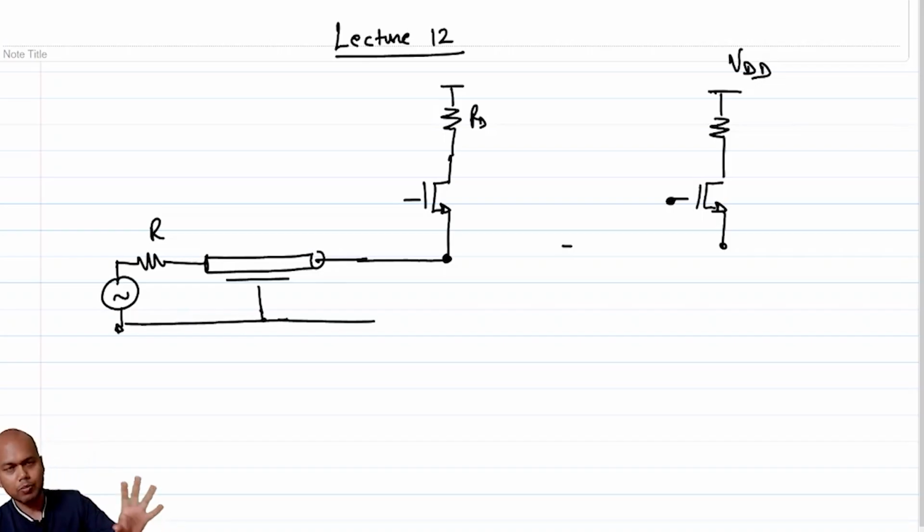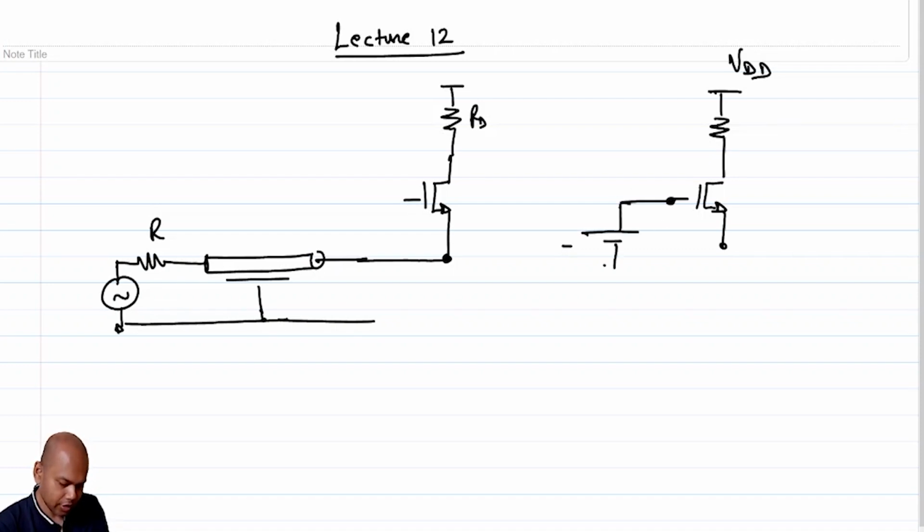The gate to source voltage has to be biased in such a way that the transistor is actually turned on with a certain amount of Gm. Since the gate is incrementally grounded, I can add a battery directly. So let's say I add a battery.